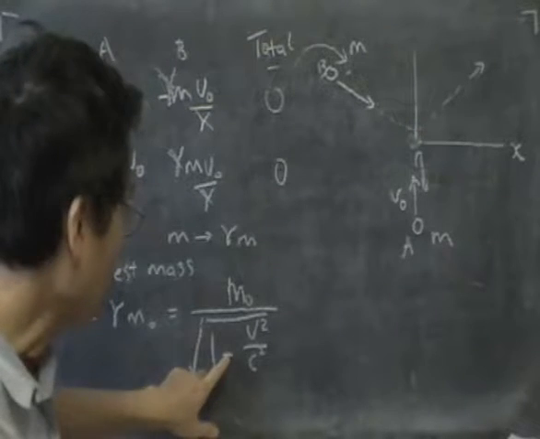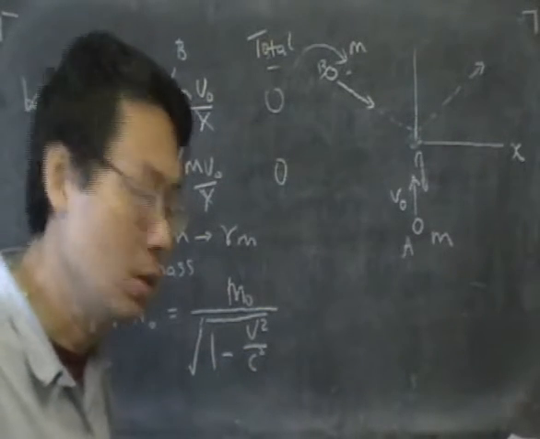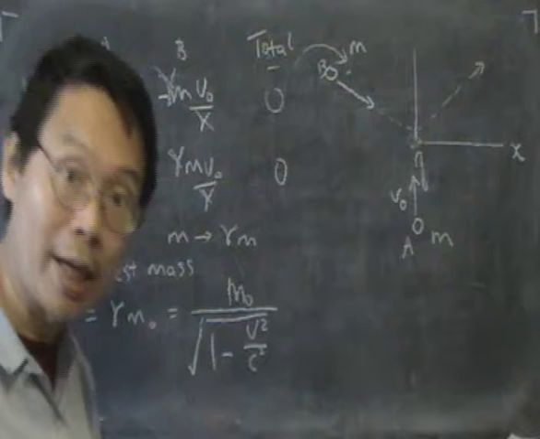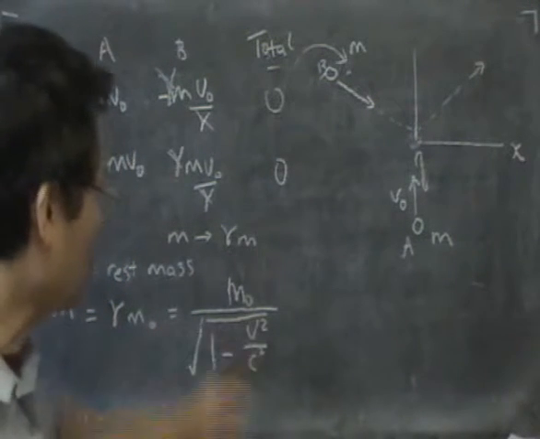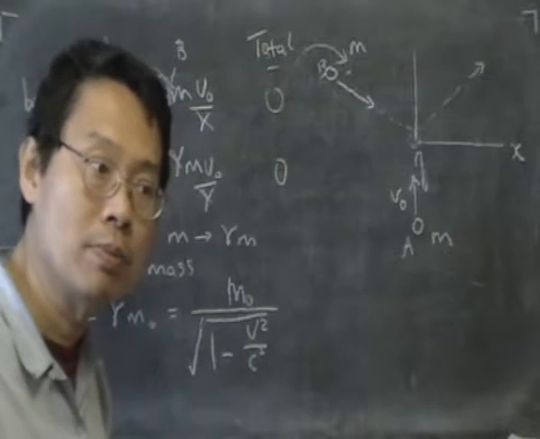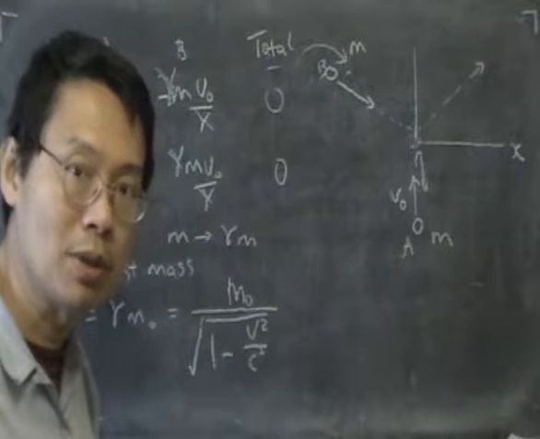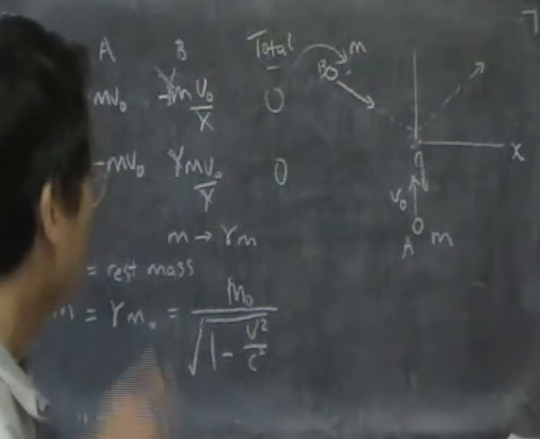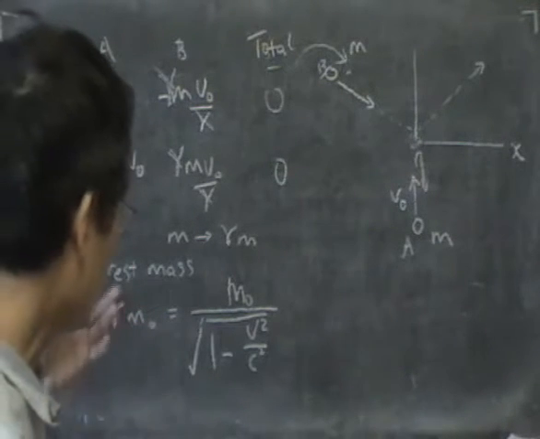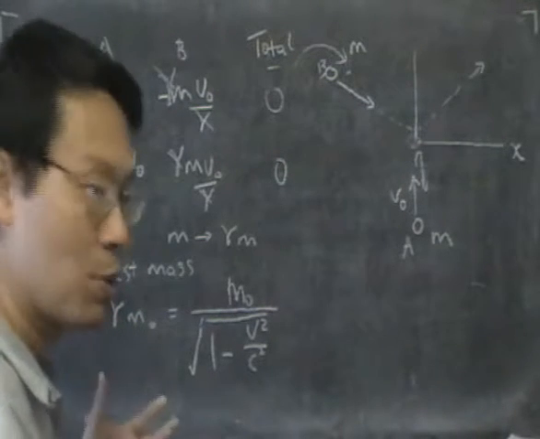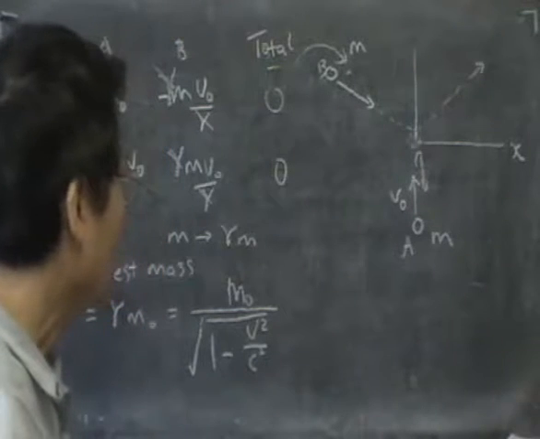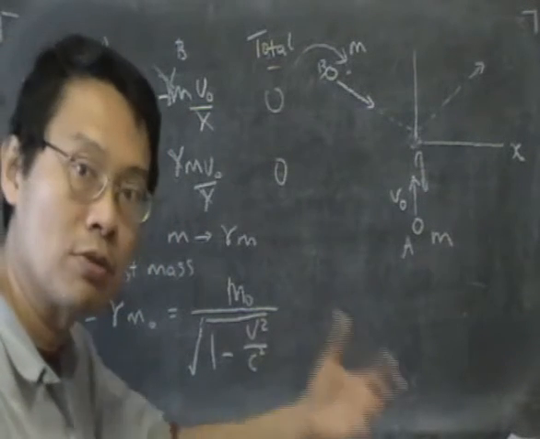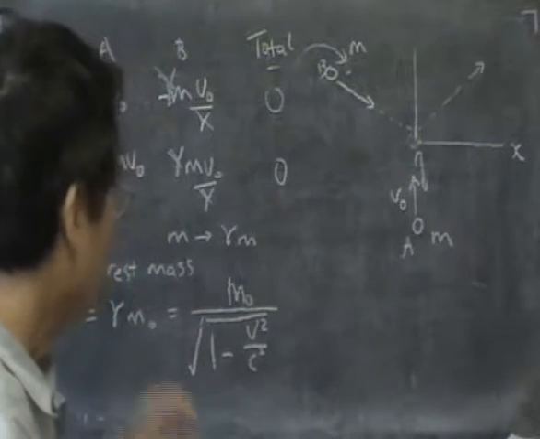And you end up with 1 minus something which is more than 1, and you get a negative answer. And what happens when we take the square root of a negative number? You get an imaginary result. So that seems to show that there is something that we don't understand about an object going faster than the speed of light.